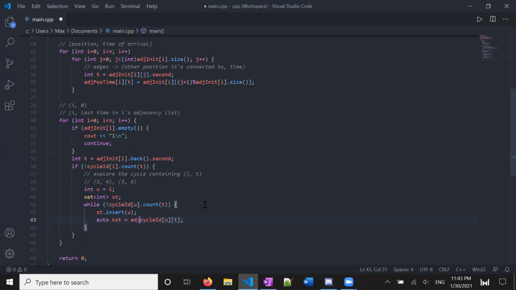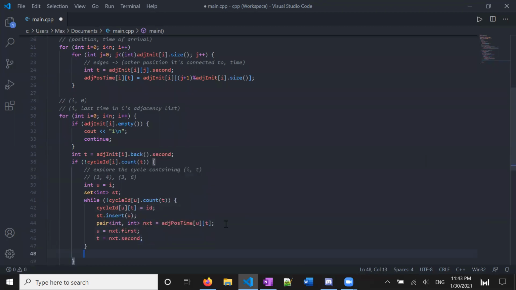We want adjacency position time, and we also set this ID now. Auto next is equal to adjacency position UT, which is actually a pair. So we go to the next node and set this stuff.